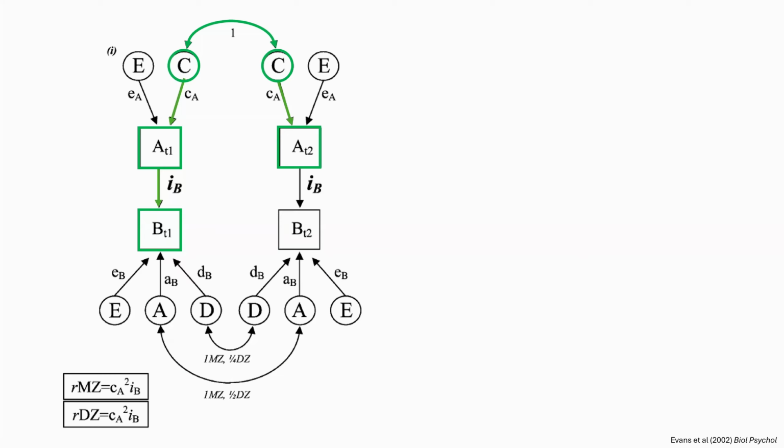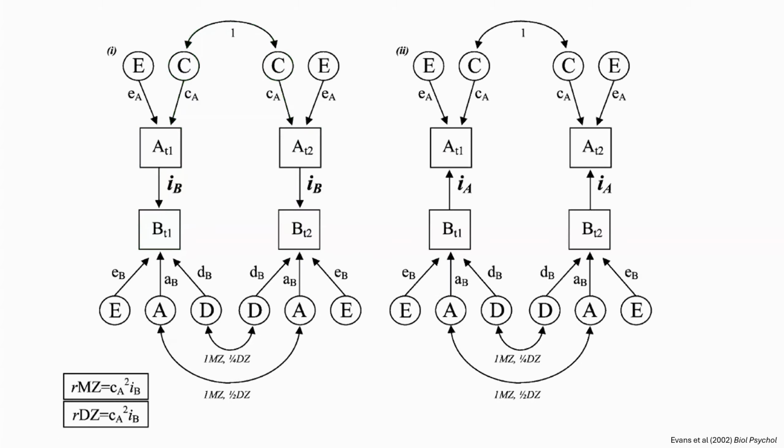So what happens when variable B causes variable A? Let's consider the direction of causation model on the right half of the slide. Here the model is exactly the same, only the direction of causation is in the opposite direction, with variable B causing variable A. Let's calculate the expected cross-twin cross-trait covariances.